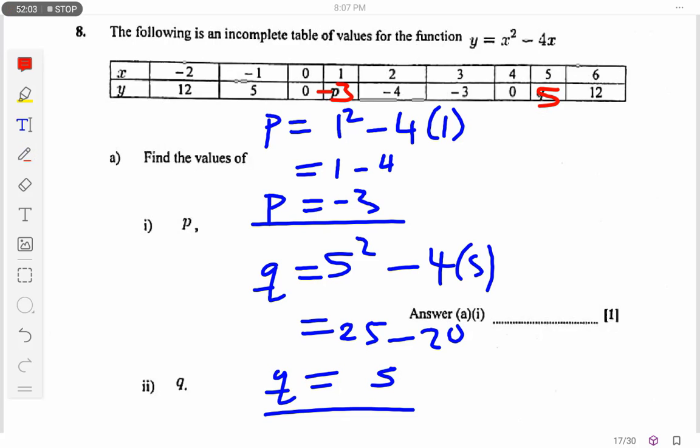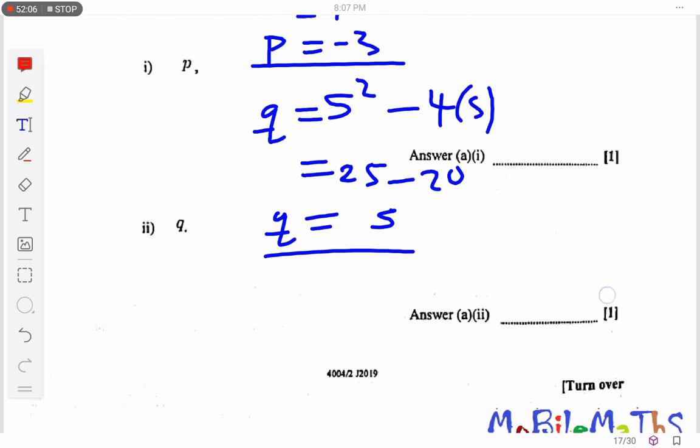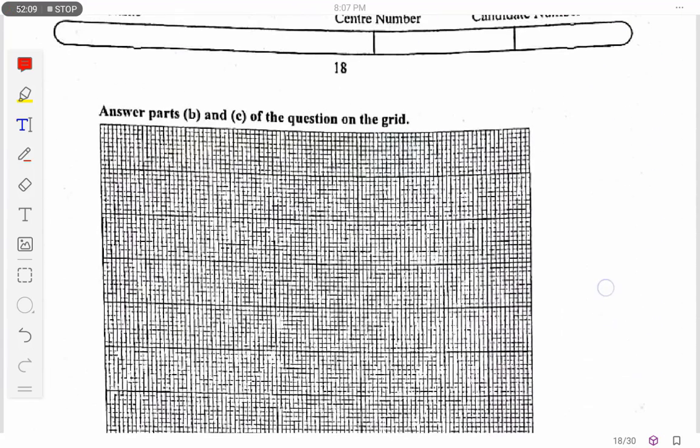Okay, so let's go on and draw the graph. Definitely we're going to draw the graph. Fine. Yeah, let's draw the graph. So for our graph now, we have to label our axis.